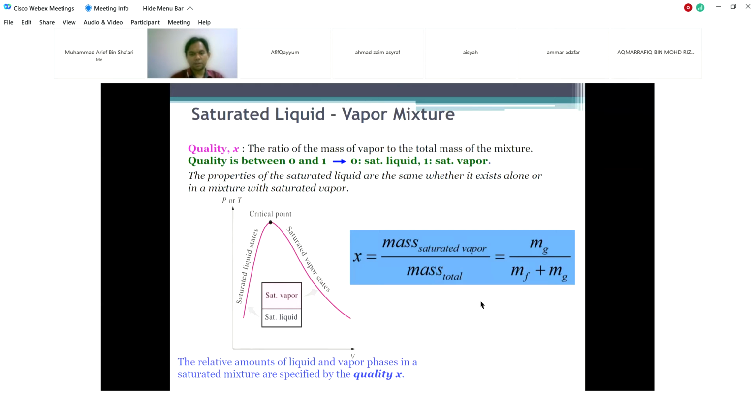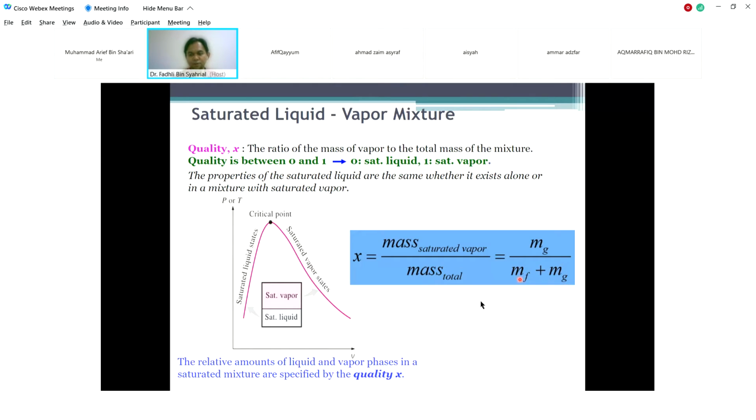As shown in my slide here, this is the equation for quality. So mass of the vapor to the total mass of the mixture. So mass of saturated vapor, and here is total mass. Total mass here means the combination of the mass of the saturated liquid and the mass of the saturated vapor.